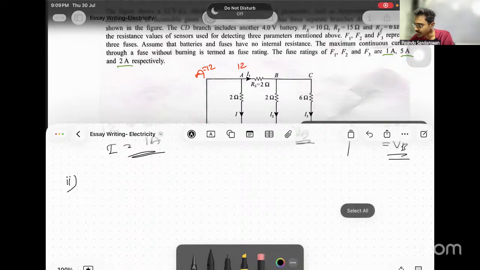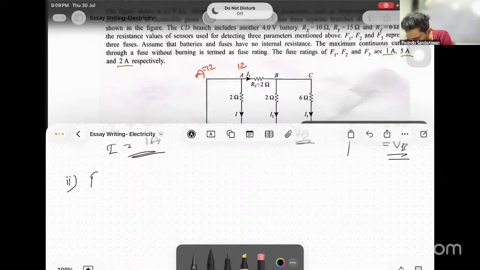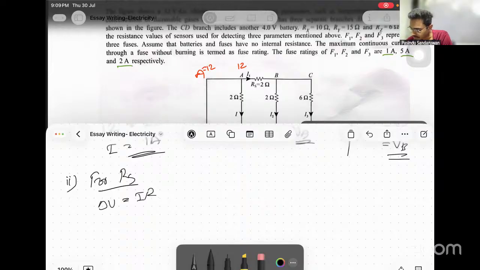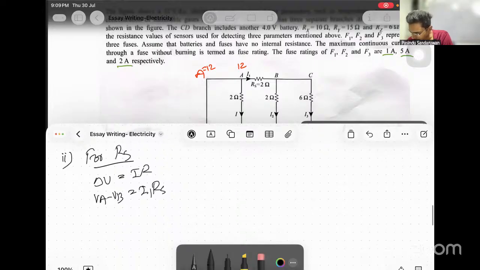Then for RS, if you apply delta V equals IR, the potential difference is VA minus VB, so VA minus VB equals I1 RS. VA is 12, so 12 minus VB equals I1 RS, which is 2. Then I1 is given by 12 minus VB over 2.